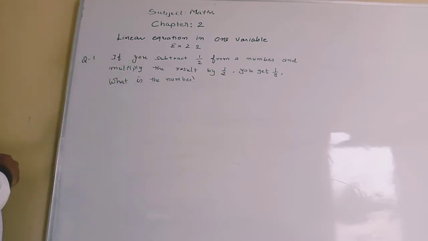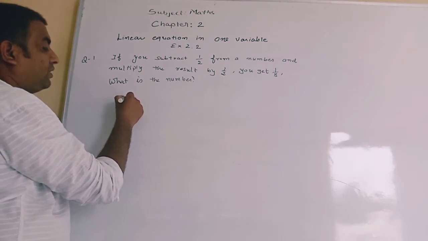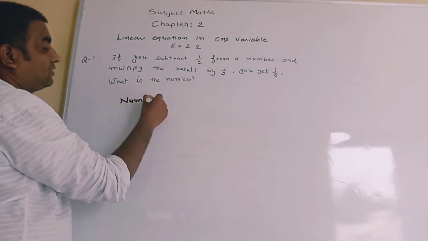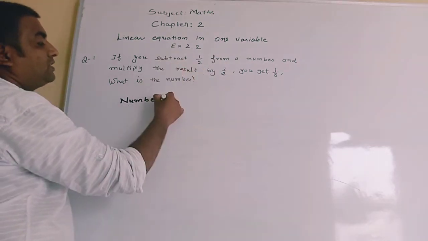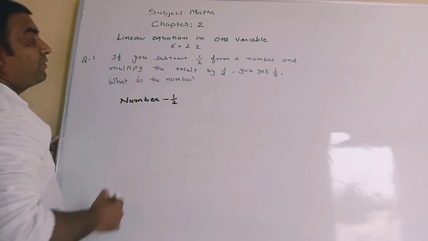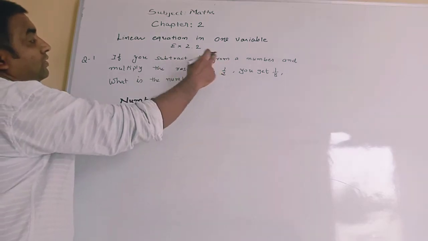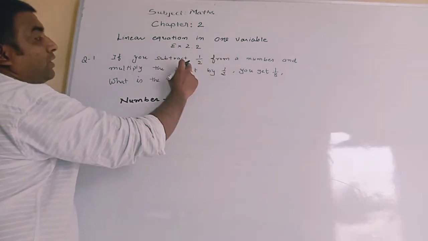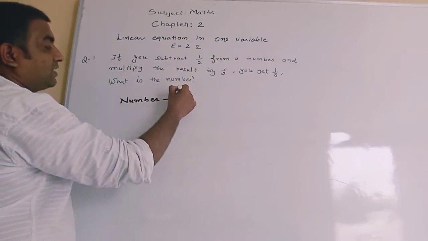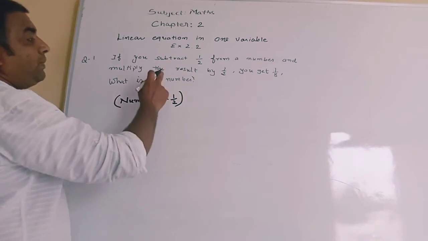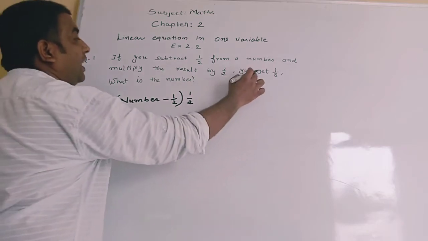So just we convert it into the equation. A number, we don't know what the number is, so from the number we have to subtract 1 by 2. Subtract means minus 1 by 2. So from the number 1 by 2 is subtracted and we multiply the result, this subtraction, multiplied by 1 by 2, you get 1 by 8.